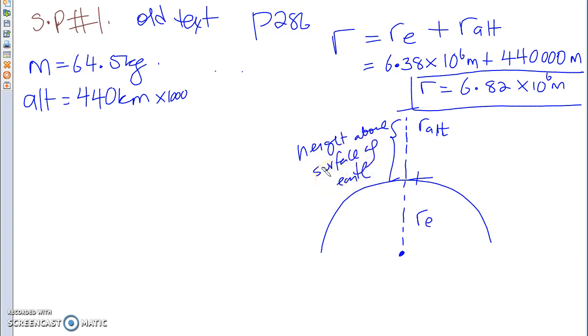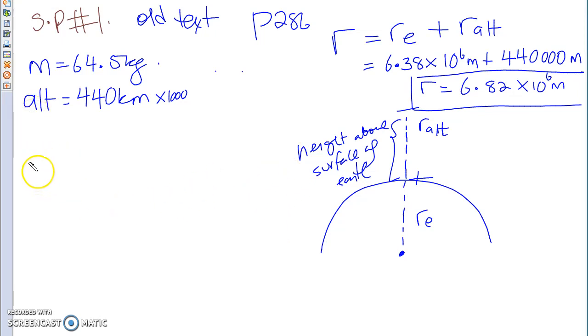Just be aware that you are reading the question properly. Sometimes they tell you the orbit is 450 kilometers above the surface, or they will say the orbit is 450 kilometers, and that means from the surface. That's something you need to be aware of when answering these questions.